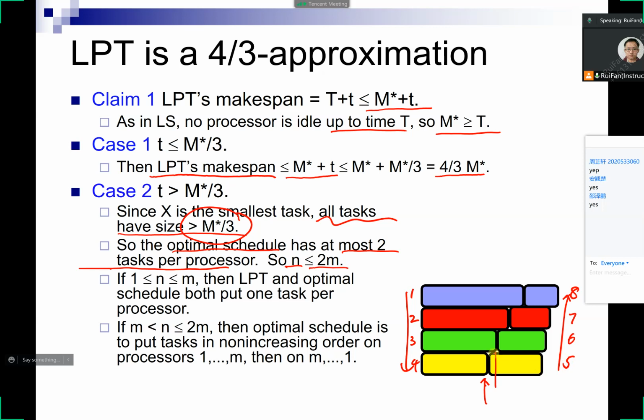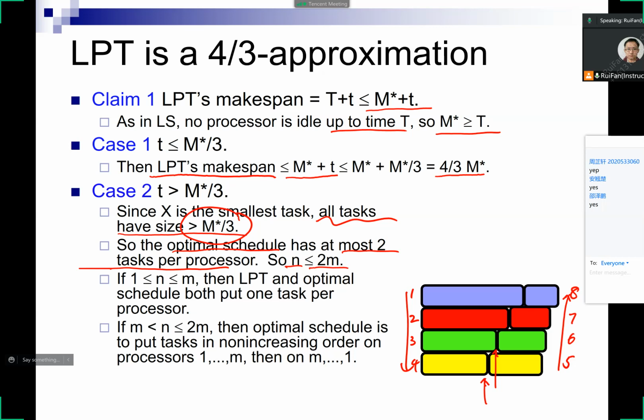Then this third guy finishes next, so he's going to get the 6th largest job, and so on. So LPT is also going to produce exactly this optimal schedule. In both cases, LPT and opt behave exactly the same, and so, of course, LPT is also optimal, therefore.